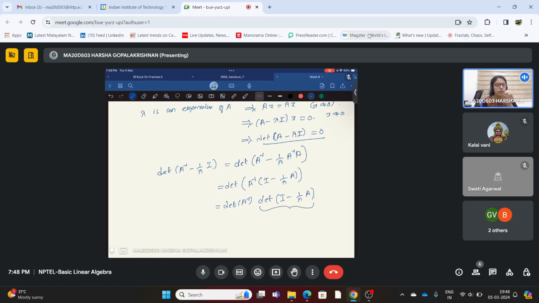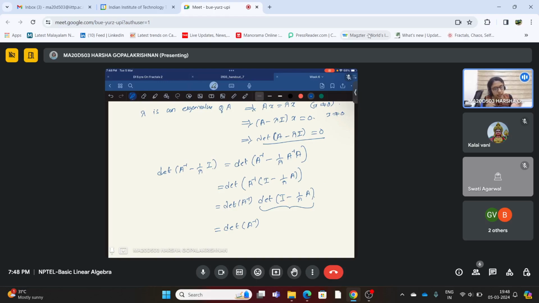Like what term should I take outside so that it will have some A minus lambda term. A we are having here. So, yeah, 1 by lambda. Not just 1 by lambda, minus 1 by lambda we need to take, correct? Okay, so minus 1 by lambda we are taking.